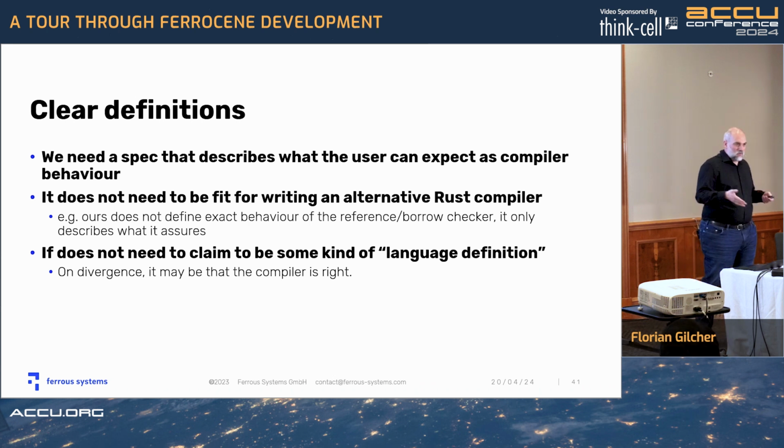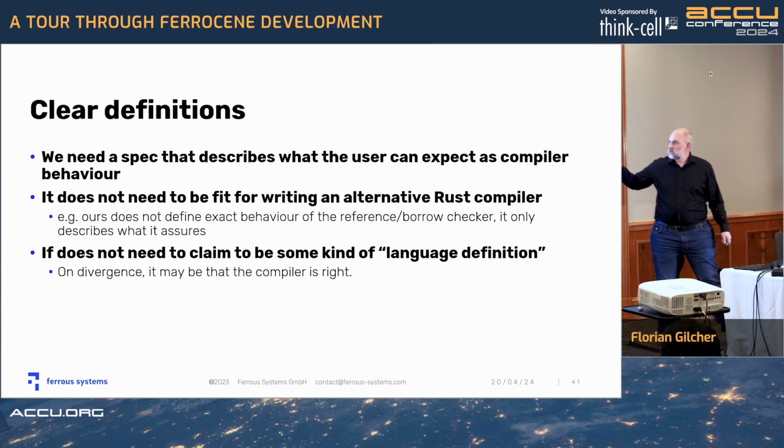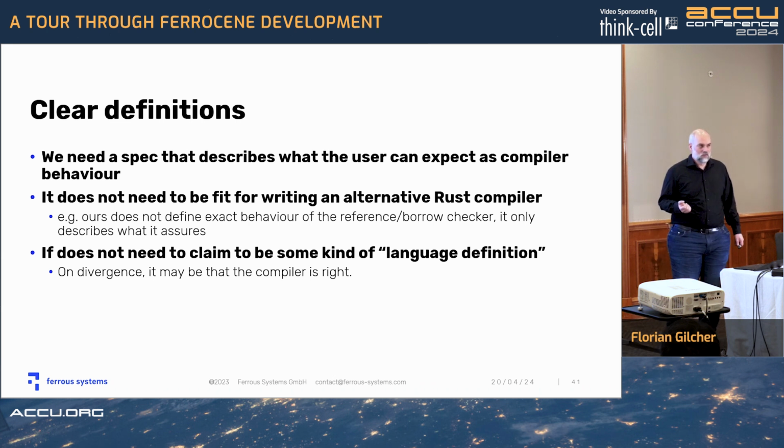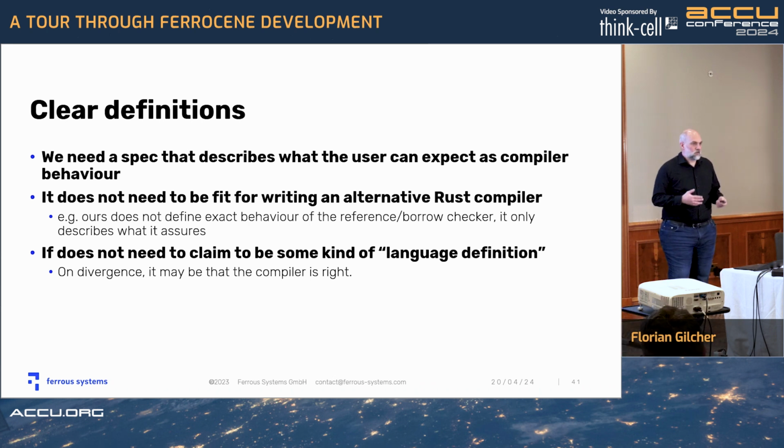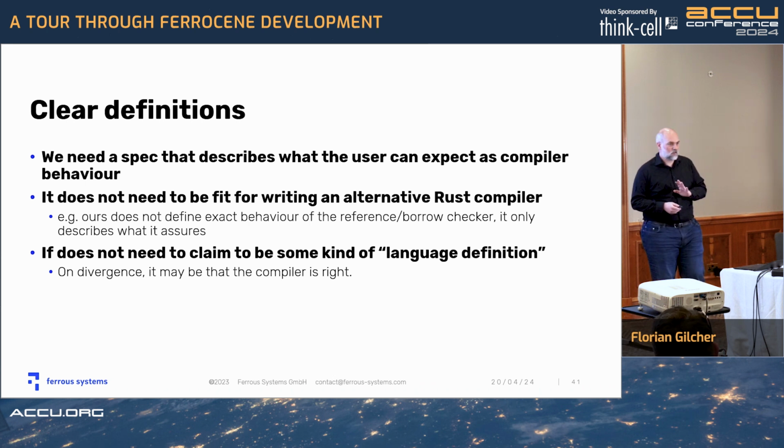We know our tool behaves like this. That also means on divergence, it's very probable that the compiler is actually right. In the sense of this is how the tool that I'm currently shipping is behaving, and this is what the user should be informed of, rather than claiming some kind of compatibility. So it cannot be used for any kind of compatibility.